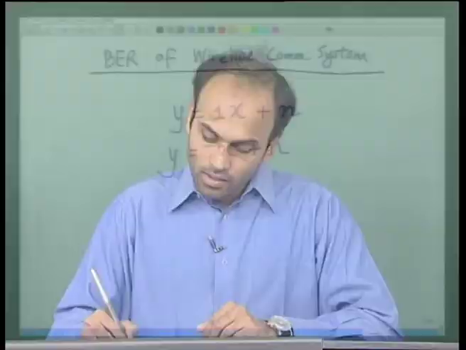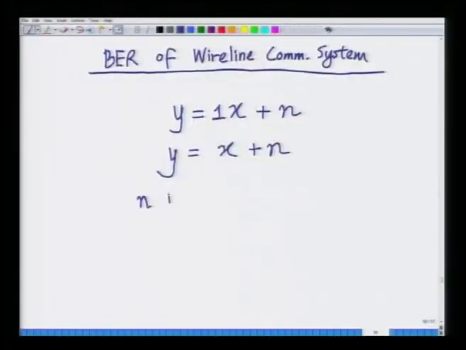This n is assumed to be Gaussian noise, and more specifically white Gaussian noise, which is simply noise whose power spectral density looks uniform over all spectral components.